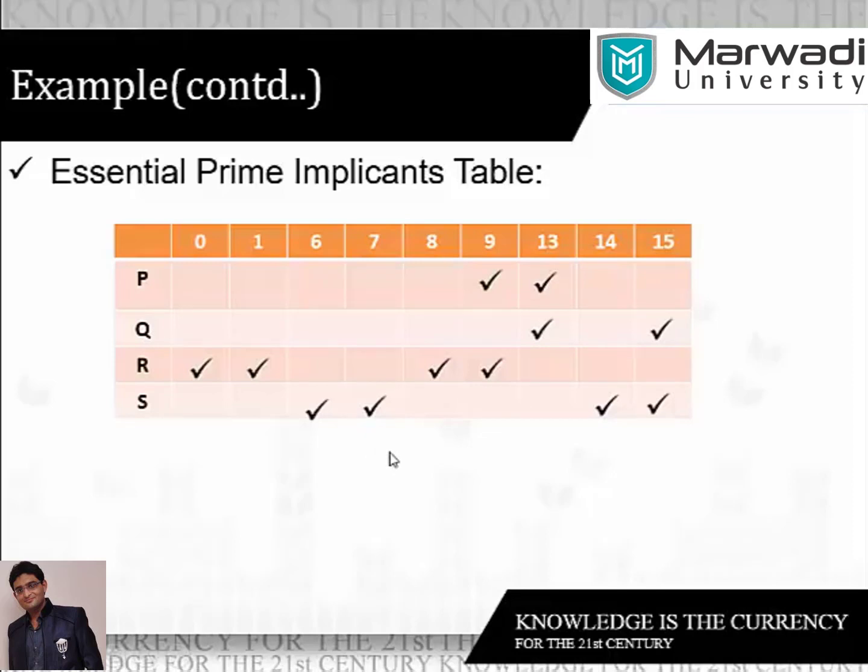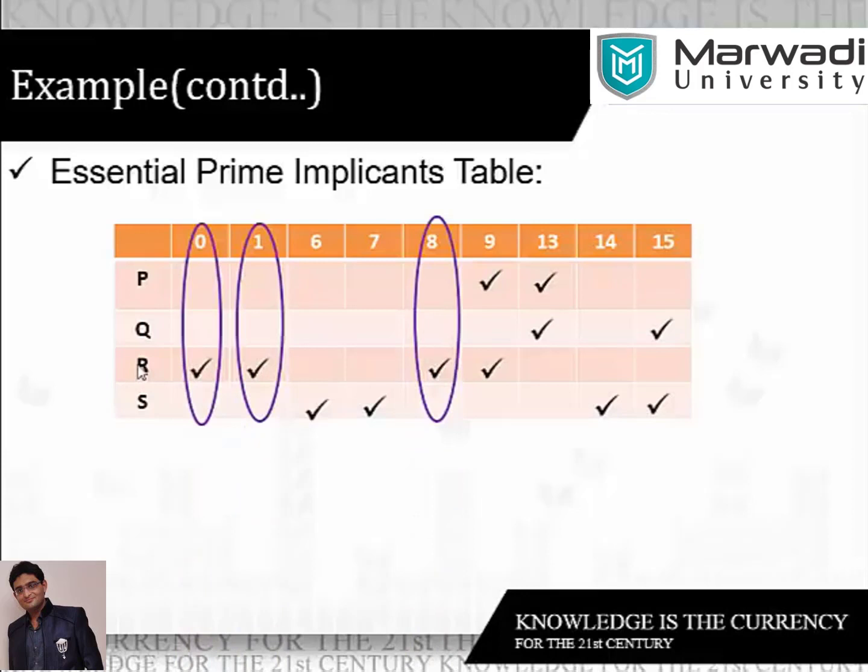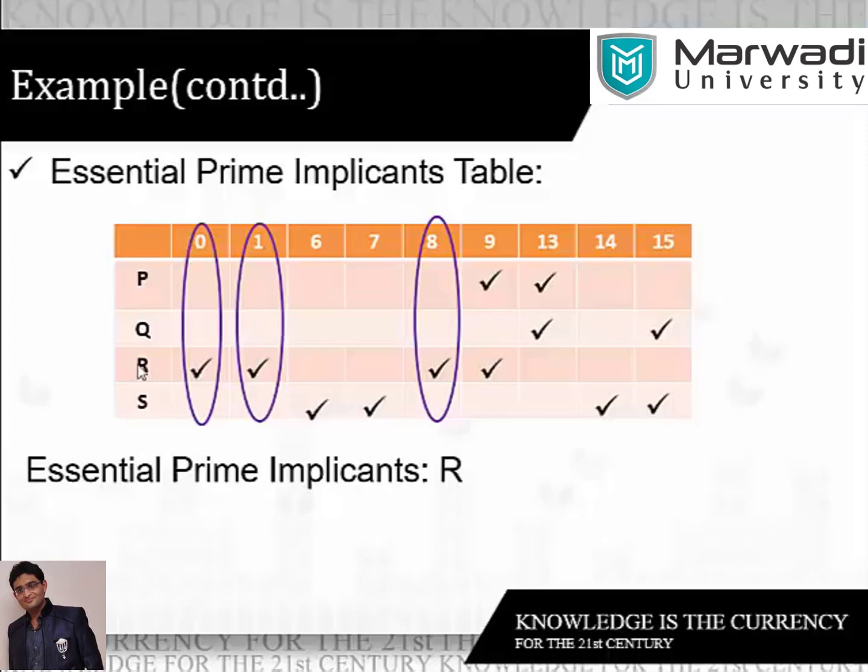Now, on observing the entire table, we can say that 0 can only be covered with R. Minterm 1 can only be covered with R, and the same goes for minterm 8, which can only be covered with the inclusion of R. That's why R is called our essential prime implicant. On covering R, we can also cover the minterm number 9.